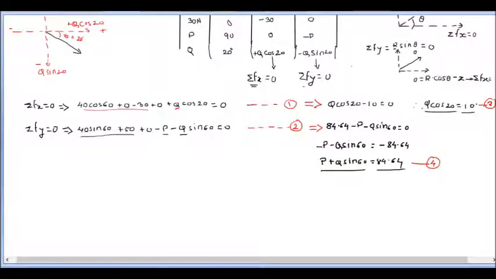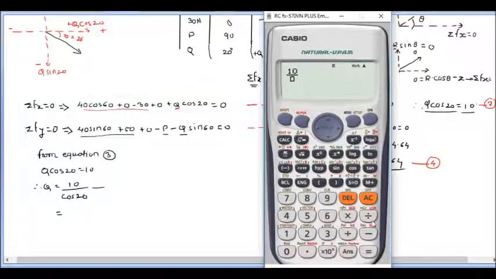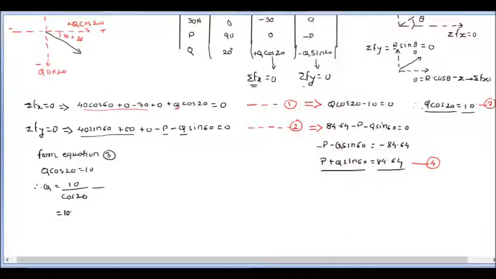Now from equation 3 we get q cos 20 is equal to 10. So the value for q we can get is 10 divided by cos of 20, so calculate this value first. 10 divided by cos of 20 is 10.64 Newton.